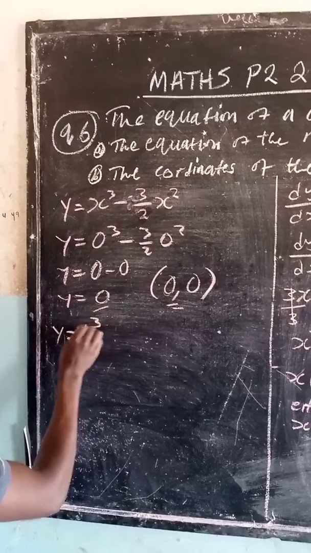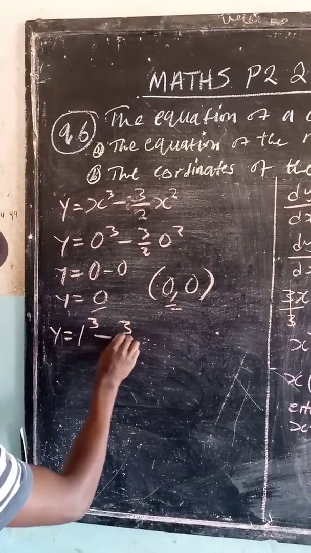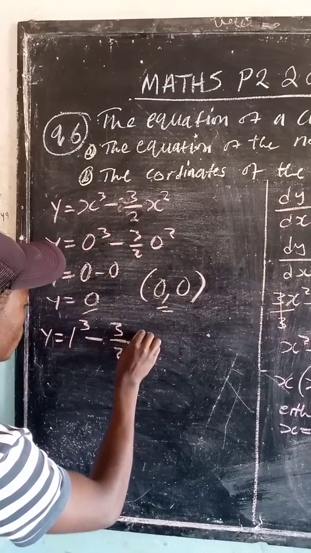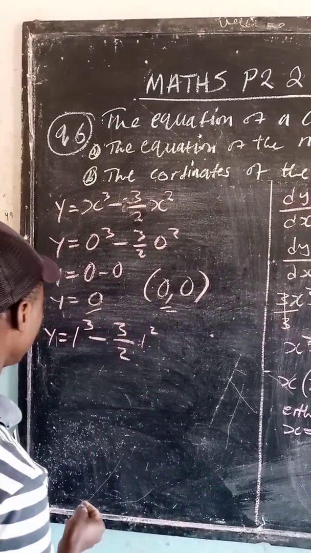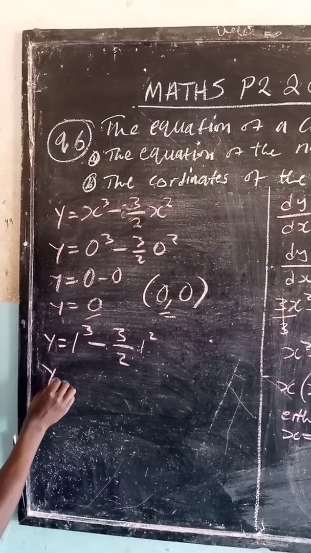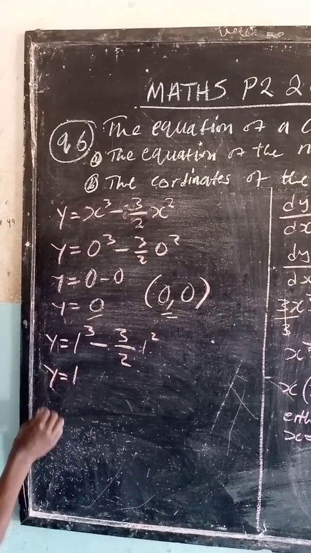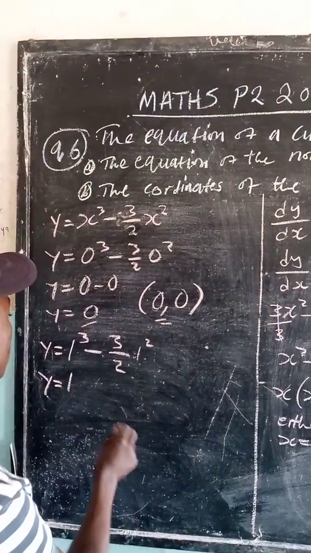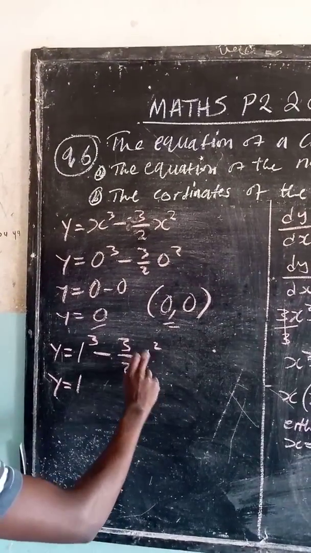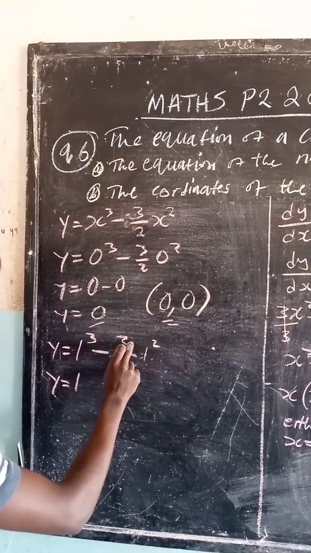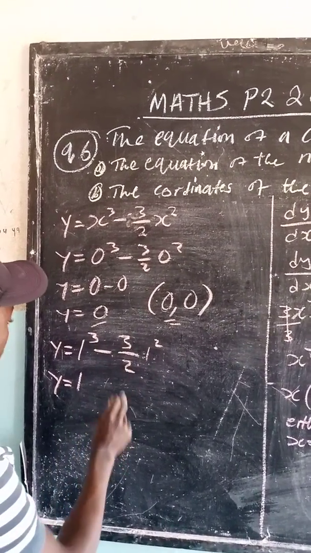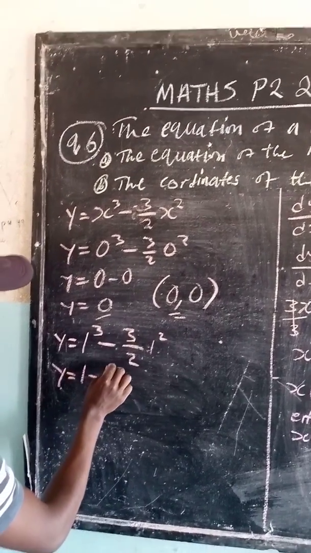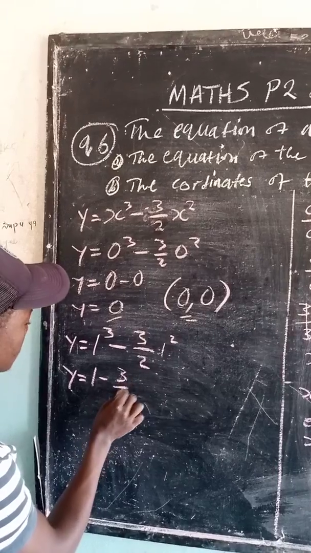So we say 1 cubed minus 3 divided by 2, where there is x we put 1 squared. 1 cubed, it is 1, minus 1 squared, it is 1, 1 times 3, it is 3 divided by 2. So we say 1 minus 3 divided by 2.